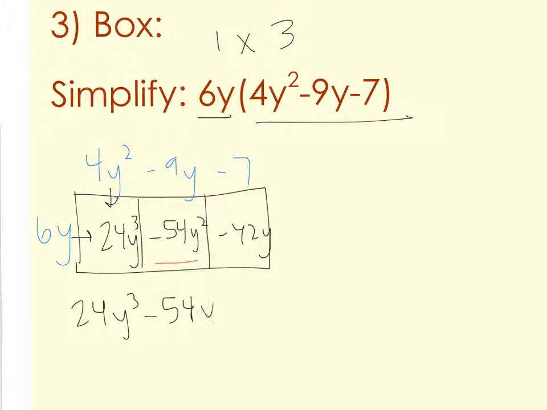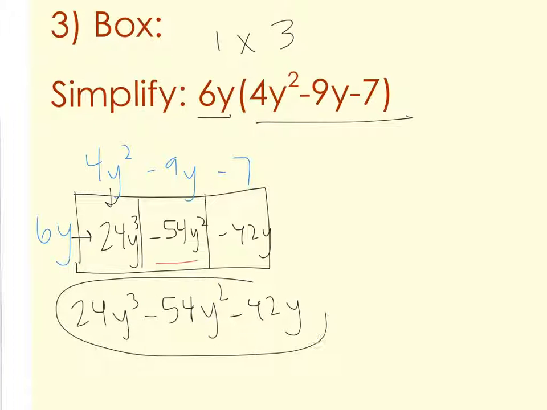And how I know that is because the two terms I multiplied by starting with had different degrees. If you notice, 6y has a degree of 1, and 4y squared minus 9y minus 7 has a degree of 2. And then it's in standard form, so in decreasing order. So I can tell I have terms y cubed, y squared, and y. None of those are like terms, so I'm unable to put those together.